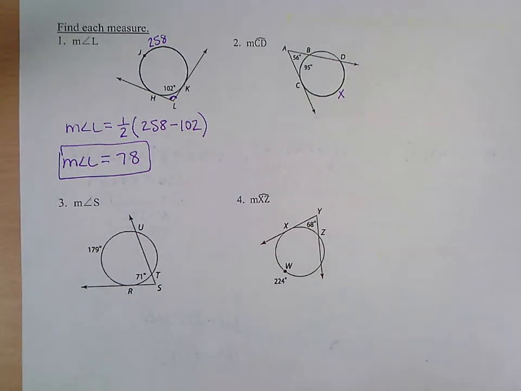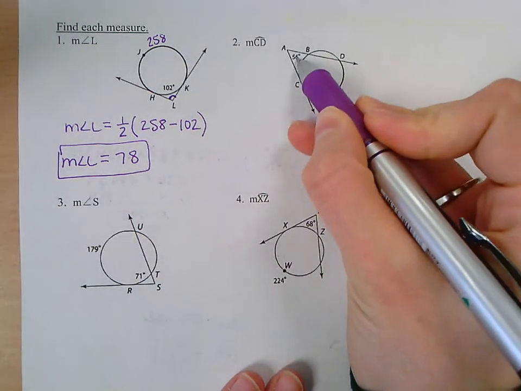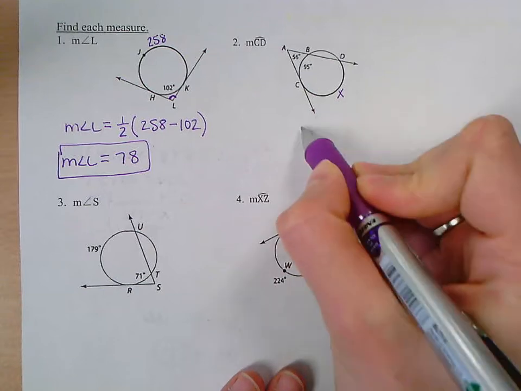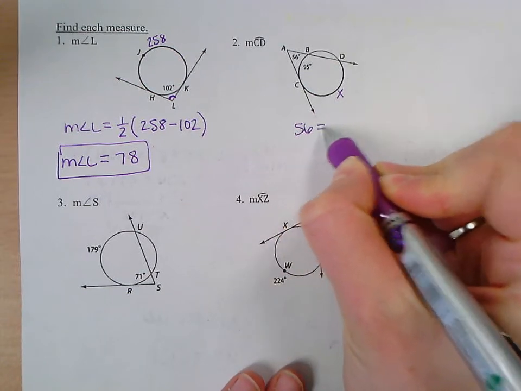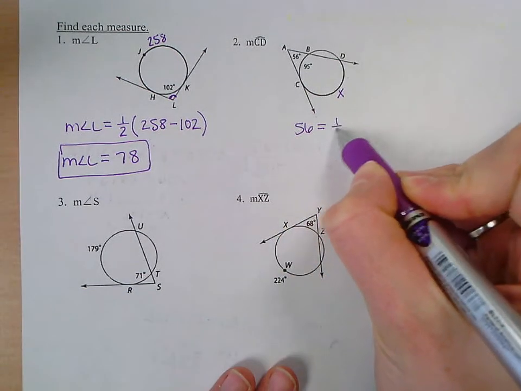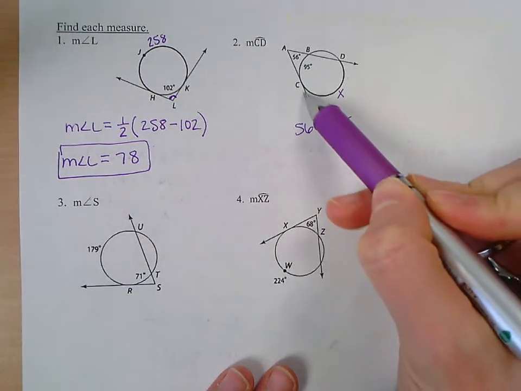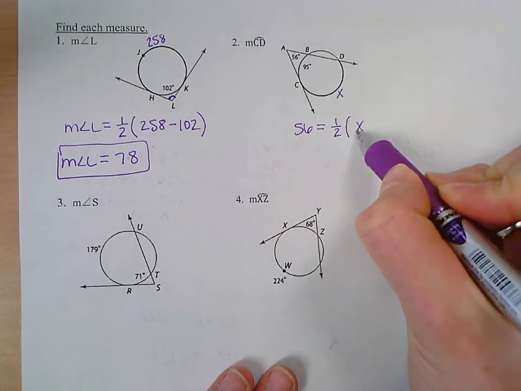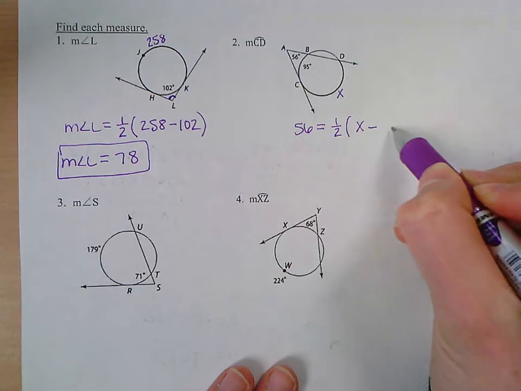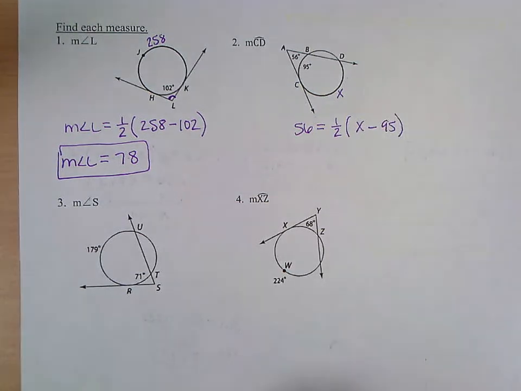So again, still using that formula. I'm starting out with the angle measure. So the angle of 56 is equal to half of the larger arc, which is my x, minus the smaller arc, which is 95. So x is within the equation and I have to solve for it.